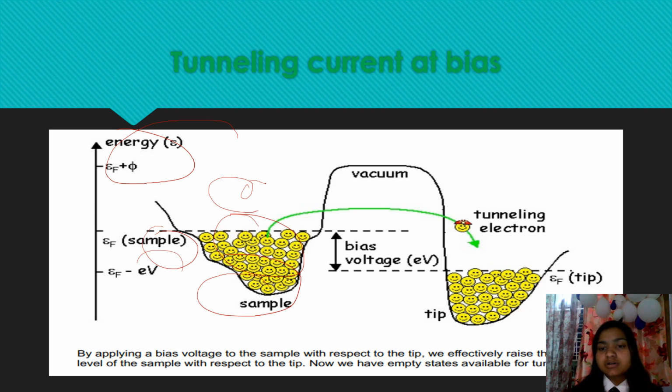This is the tunneling electron. This is the tip. By applying a bias voltage to the sample with respect to the tip, we effectively raise the Fermi level of the sample with respect to the tip. Now we have empty states available for tunneling into.